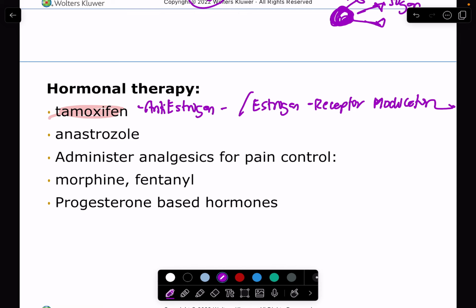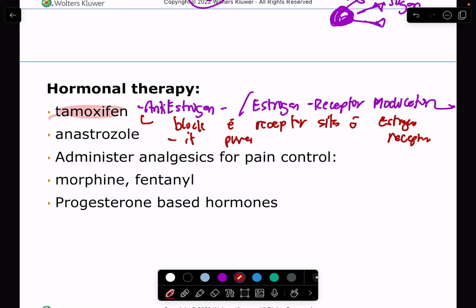So, ang ginagawa ng tamoxifen is that they block the receptor sites of estrogen receptor. Thereby, they prevent binding. So, piniprevent nila ang binding ng estrogen sa receptor sites.